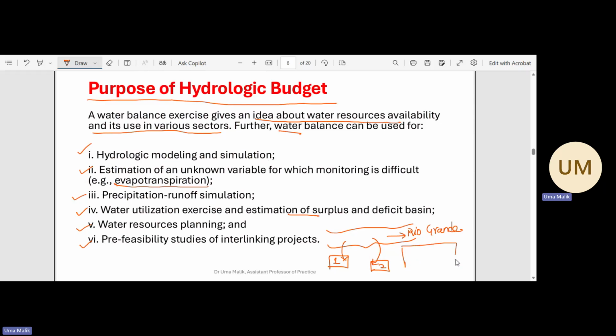Now there is a huge development coming, three. So we need to do pre-feasibility studies. I have a population addition on this lot, three, which was not there, and I want to borrow water from the Rio Grande for water supply. So I need to do pre-feasibility studies for interlinking projects. This can be the kind of example you are looking for.